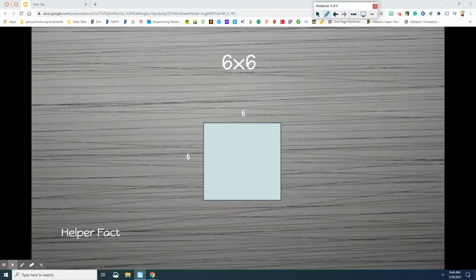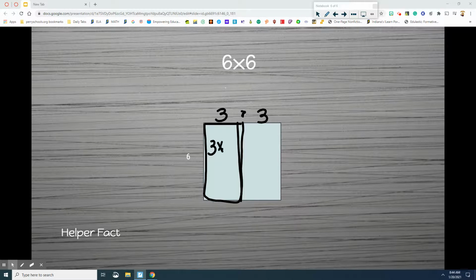So one of the things that we could do is to double it. So if I split 6 in half, then I have 3 and 3. I'm going to find the area of this rectangle by multiplying 3 times 6. And I can figure that out that it's 18. If I know that this square is 18, then I know that this one is also going to be 18.